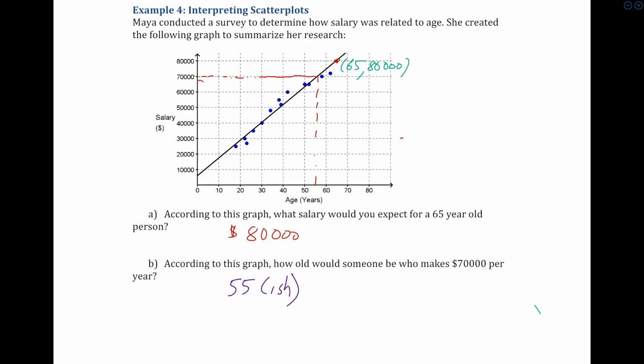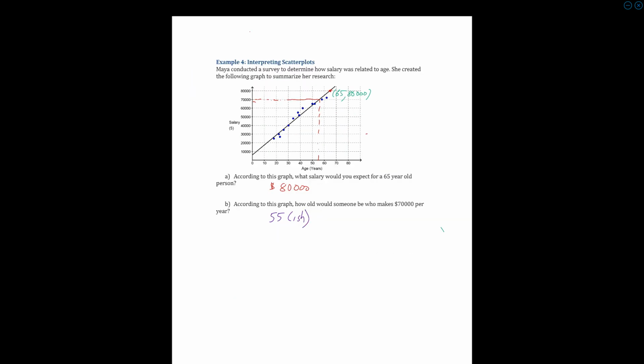Because can I expect you to make an exact prediction based on something that's using a trend line? No. This is saying, according to the trends, some people are on the shelf right now, and in real life, it's probably not happening. If you were 100 on the scatterplot? That's the issue, right? Of course, here you have it based on the trend line.